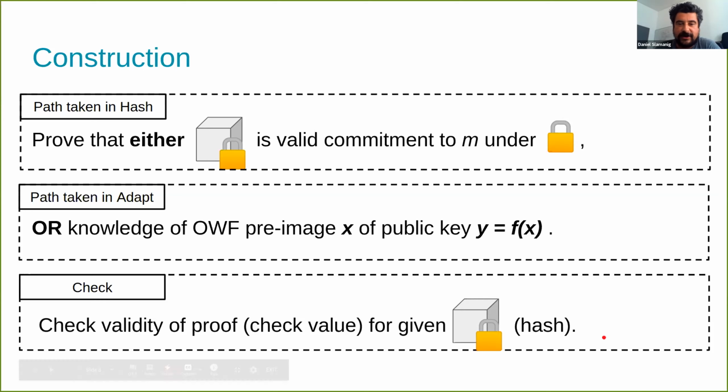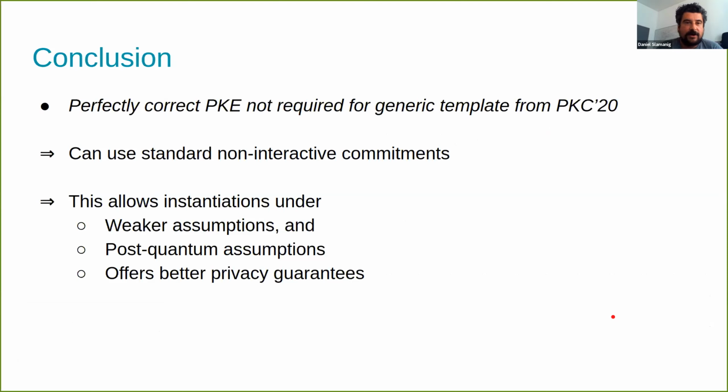Then to check the hash, you just check the validity of the proof for the given hash. Okay. And what this means is that it allows us to get rid of relying on perfectly correct public key encryption, and we can use standard non-interactive commitments.